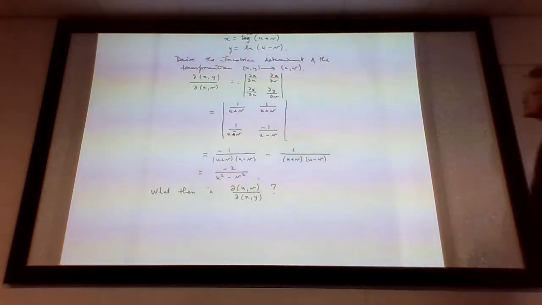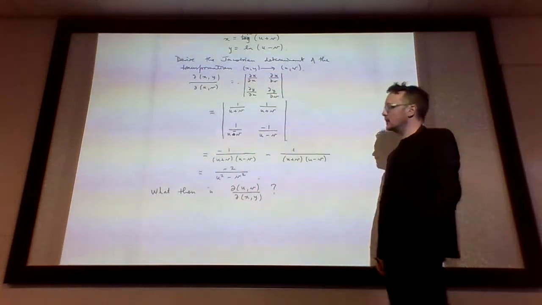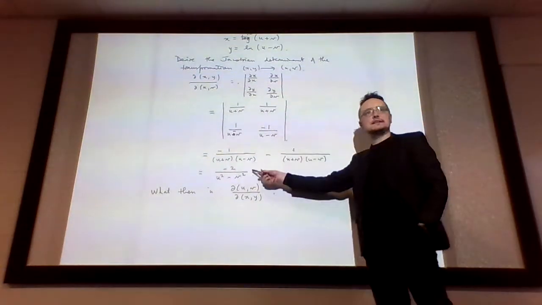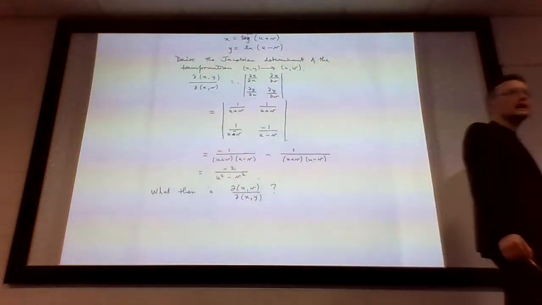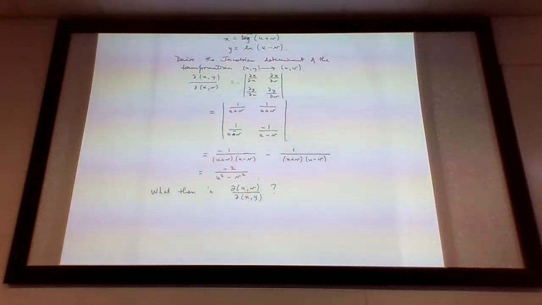Now, in order to answer that, well, it is implying that it's somehow linked to this calculation. So this is the Jacobian of the inverse transformation.